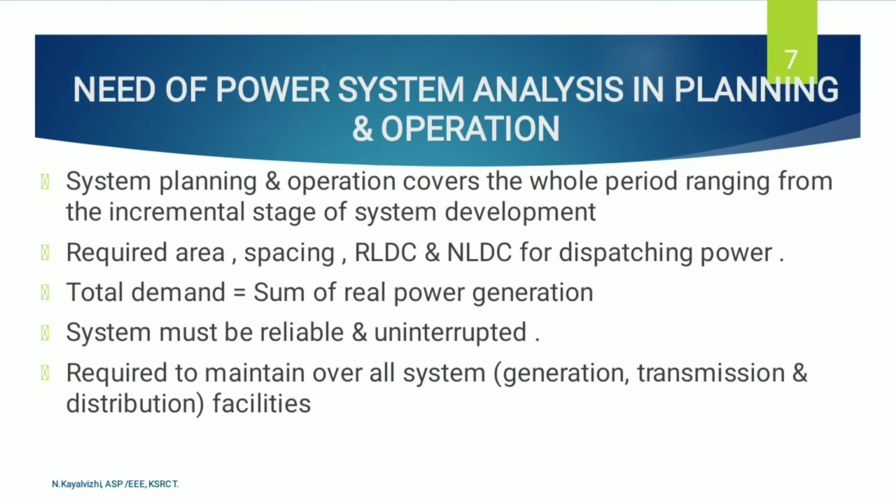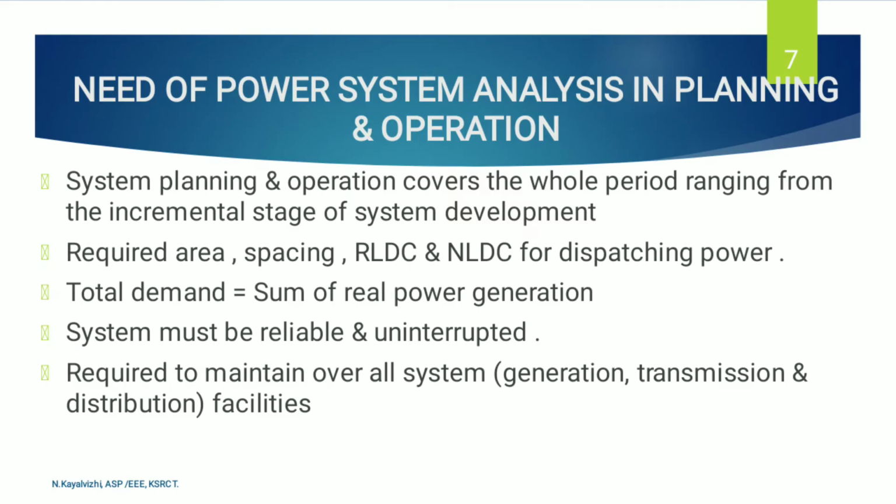What is the need for power system analysis in planning and operation? System planning and operation covers the whole period ranging from the incremental stage of system development. It requires area, regional and national load dispatching centers for dispatching the power.